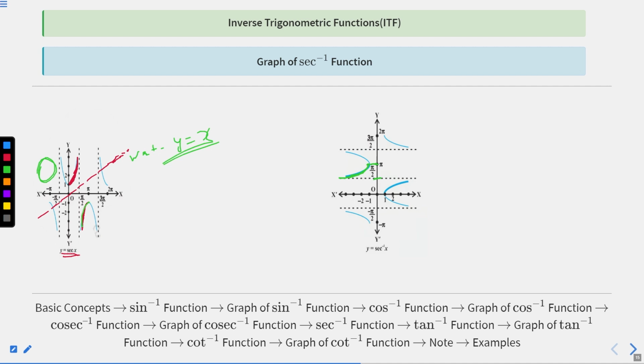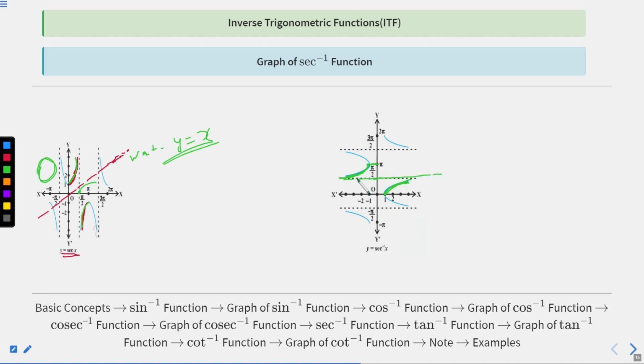This starts from 1 like this and gets closer to pi by 2. So here is your pi by 2 asymptote.